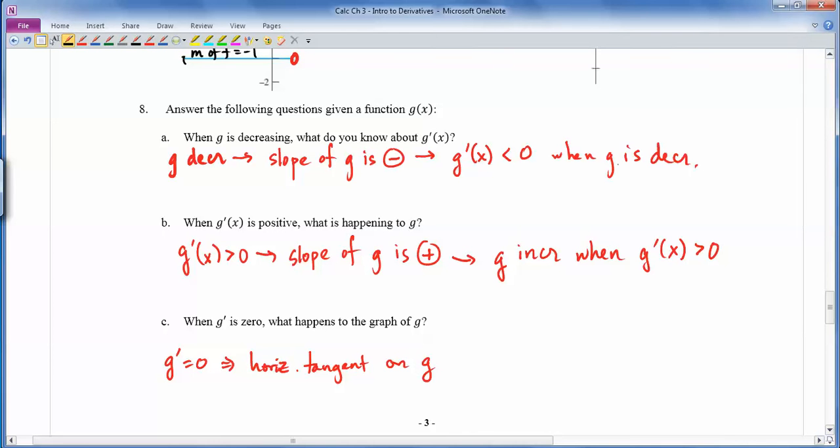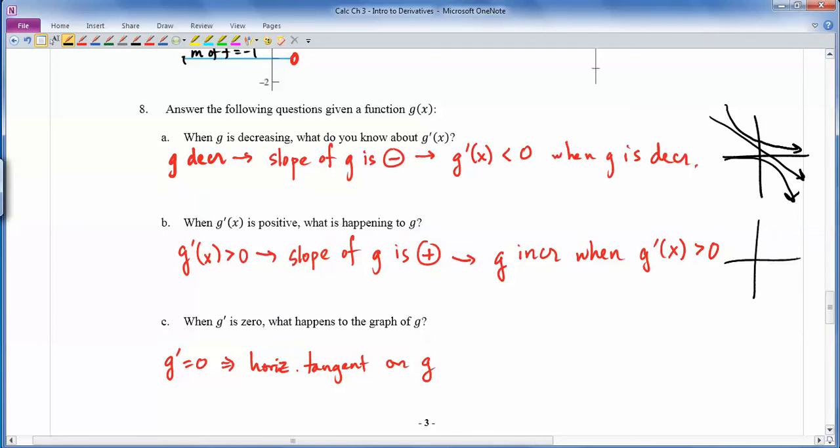G is decreasing does not mean that it goes to negative infinity necessarily, because you could decrease in different ways. You could decrease like this, where it has a horizontal asymptote of 0. It keeps going downwards, but not downwards to negative infinity. So you could have one like that. You could have one like this. And you could have one like that if you wanted. So there are lots of different ways to go to negative infinity, or just to decrease.